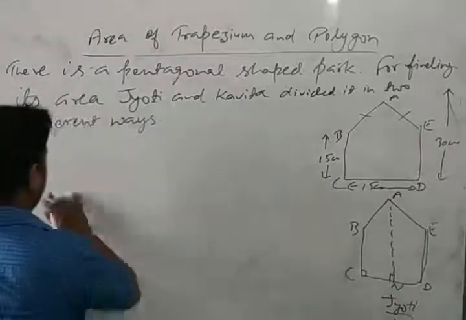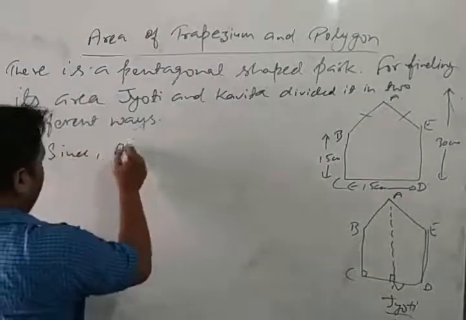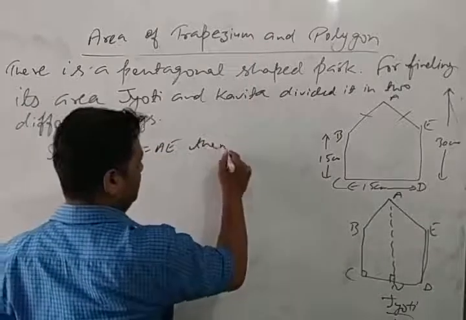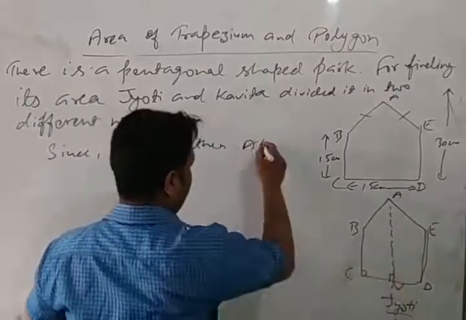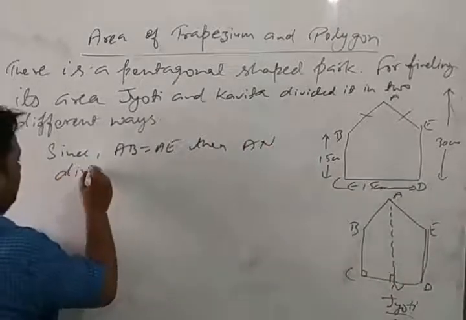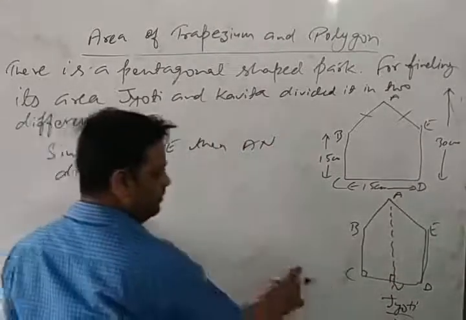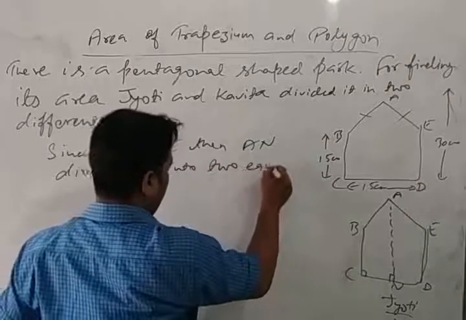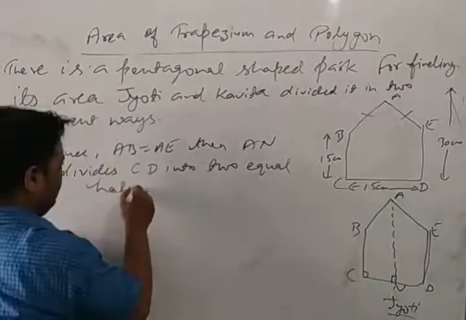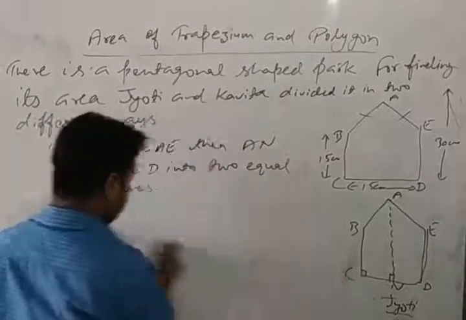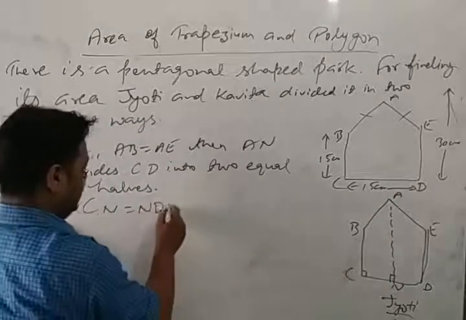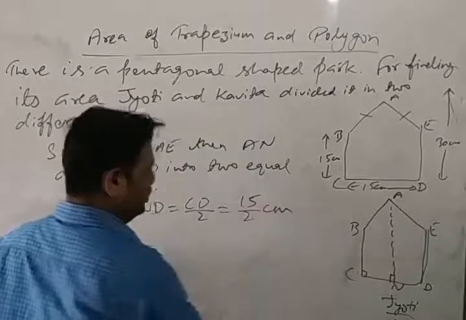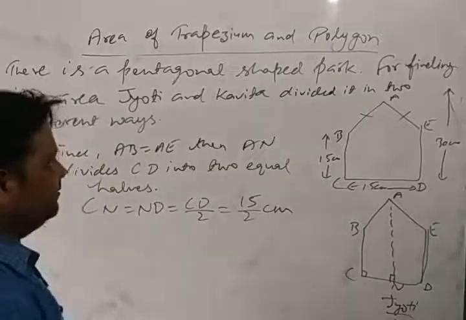Since AB equals AE, AN divides CD into two equal halves. Means we can say that CN is equal to NB is equal to CD by 2, means 15 by 2 centimeters.